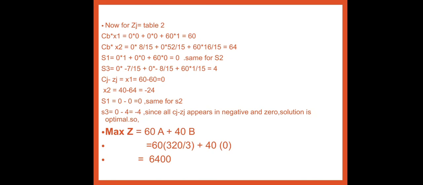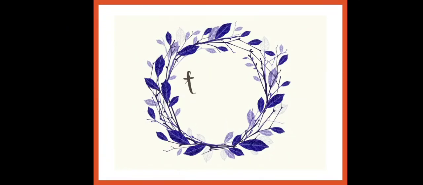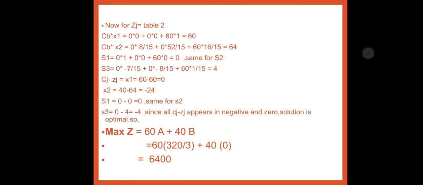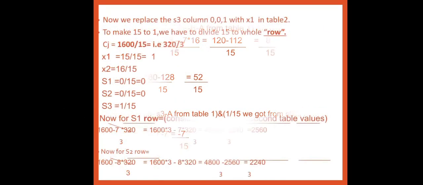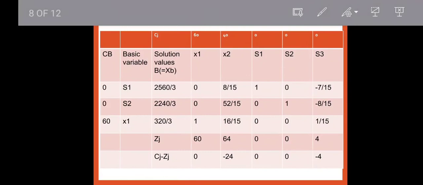To find the answer, Max Z equals 60 x1 plus 40 x2. Here we get only the x1 value, so we take the x1 value, and x2 will be 0.